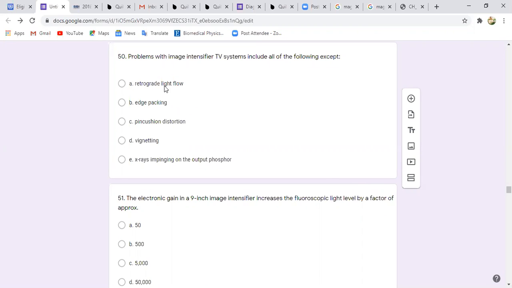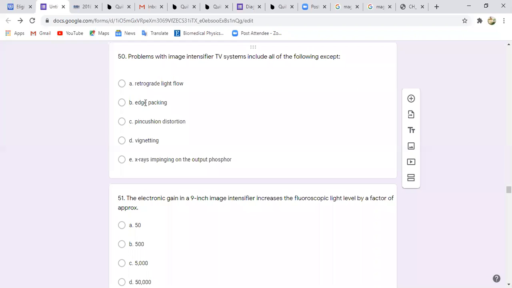Retrograde light flow happens with an II. Edge packing has nothing to do with it. It has to do with the SPECT, single photon emission tomography machine used in nuclear medicine.